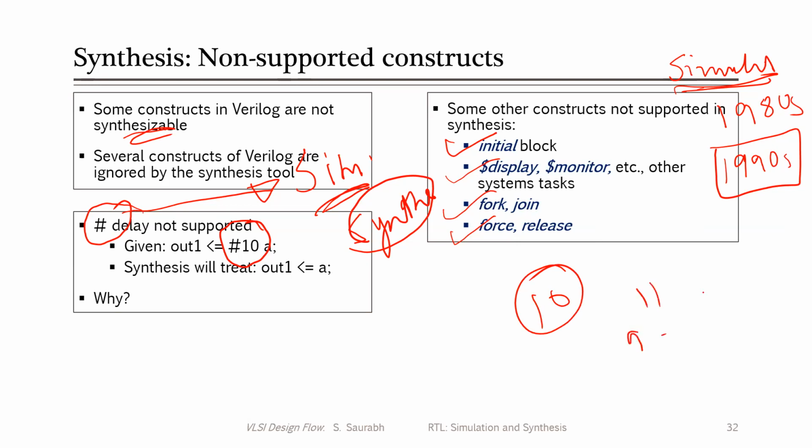It will vary statistically around this value. If the average value, you can say that, okay, it will be 10, but it will vary around some value, right? From the circuit perspective, you can never ensure that the delay is exactly that, right?